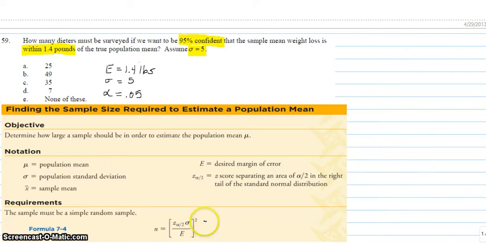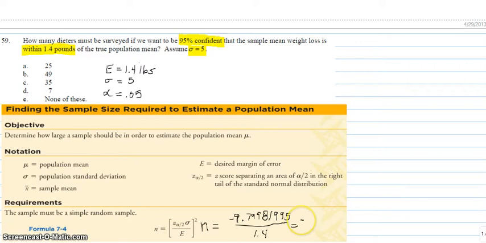So right now, it equals negative 9.79981995, and now we need to divide that by E, which is 1.4.